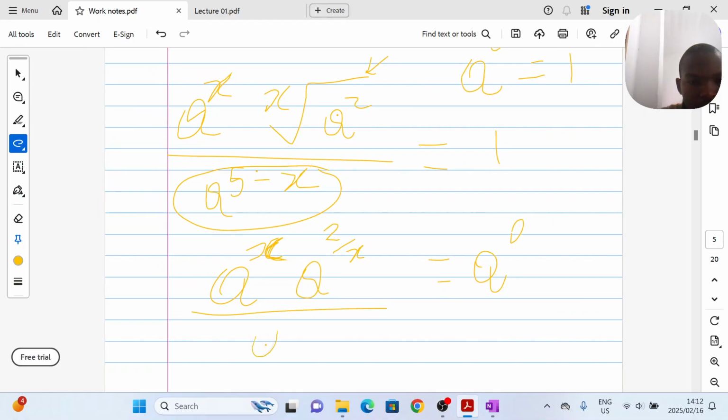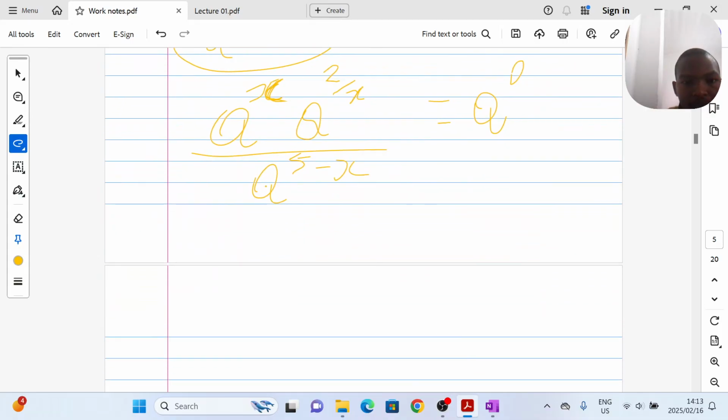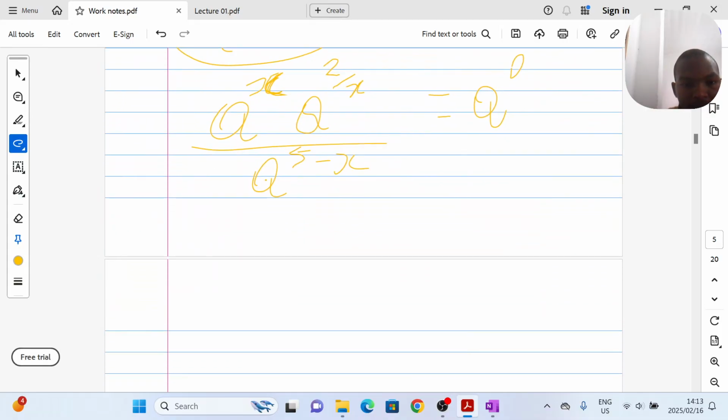So we're also going to have a to the power 5 minus x there. Now you have to realize the rules. When multiplying powers of the same base, add exponents. When dividing powers of the same base, subtract exponents. The base here is a everywhere, so we can apply the rules.